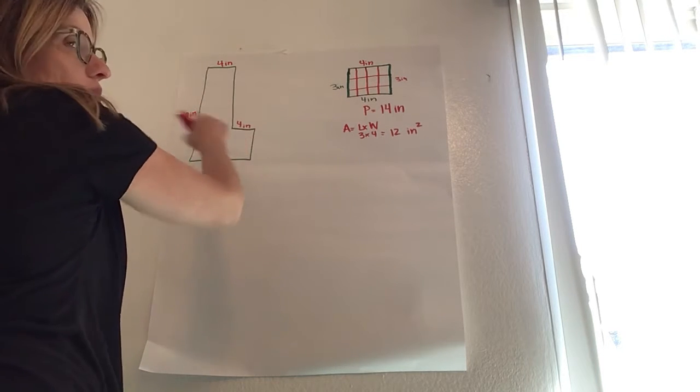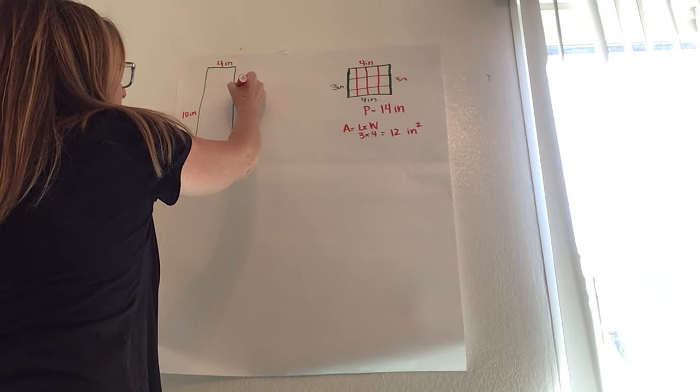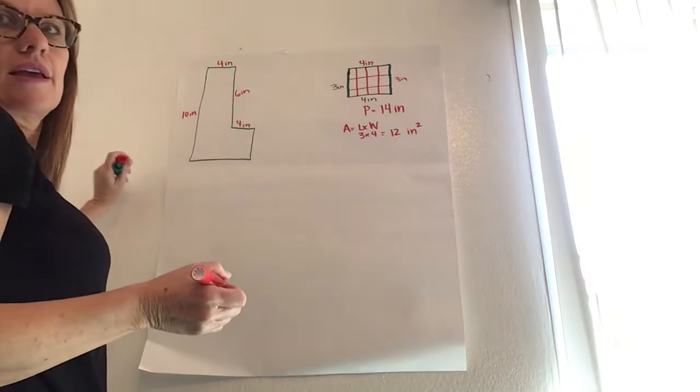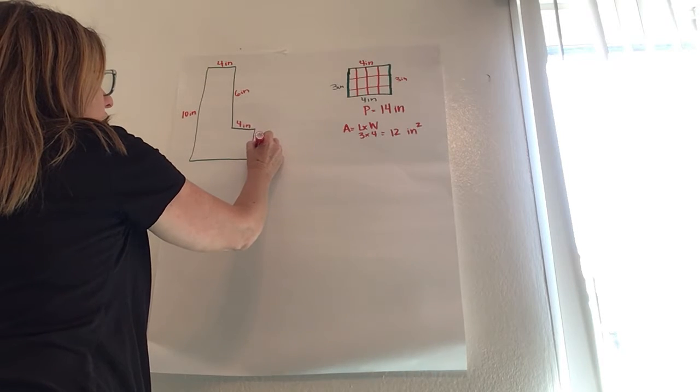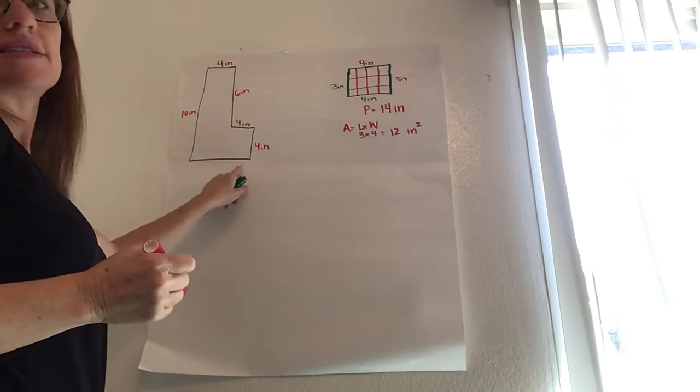This line right here is 4 inches, okay? And this big line right here is 6 inches, okay? And I'm going to give this as 4 inches, okay? So I'm missing this, okay?